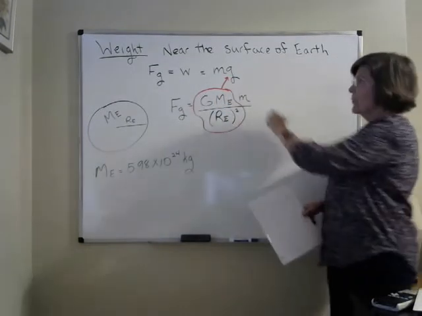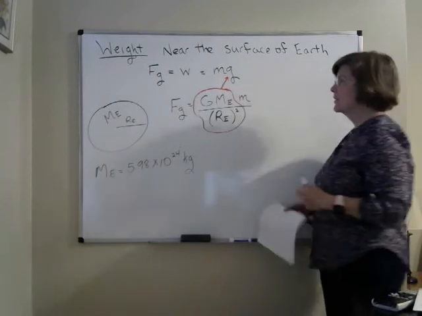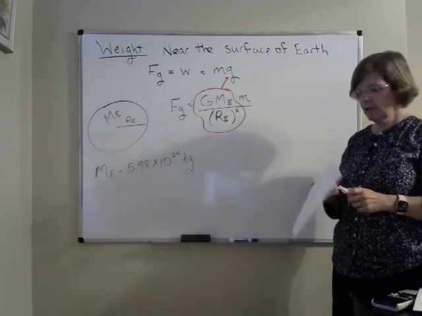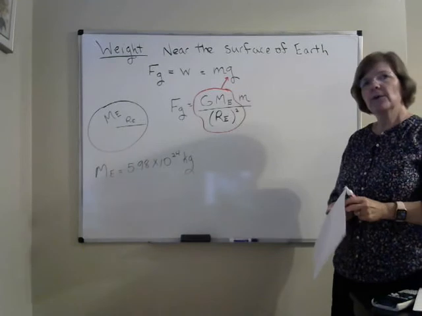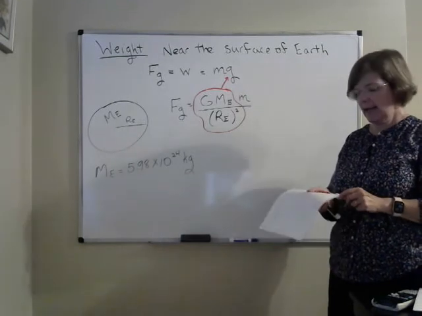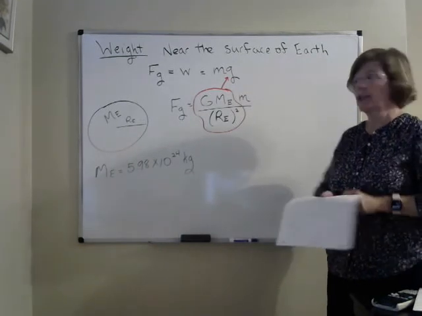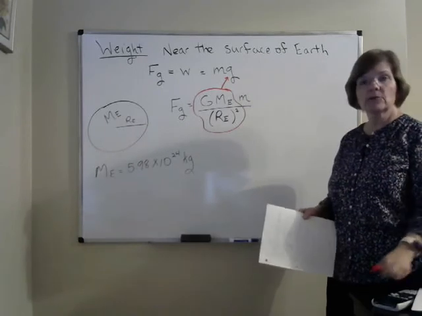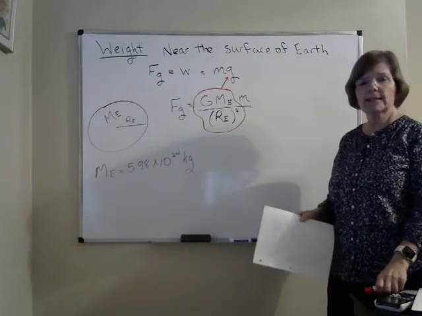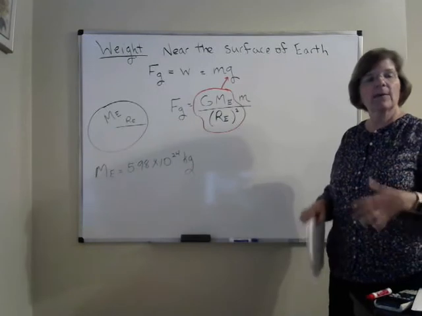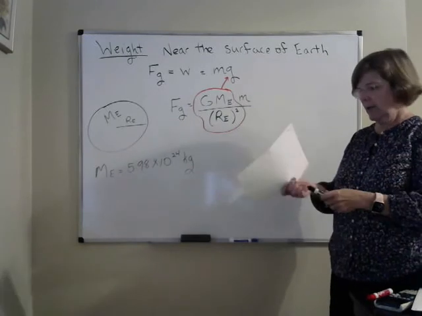Now, they originally got this not by knowing all this information. In fact, we did not know what the mass of the Earth was until Cavendish came along and calculated G. But we did know what little g was, and we did know what the radius of the Earth was. That's how we calculated the mass of the Earth.